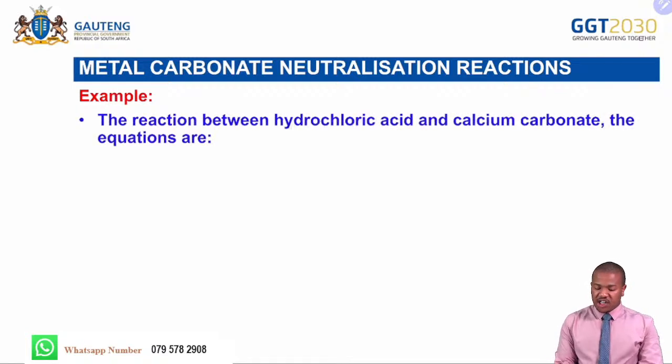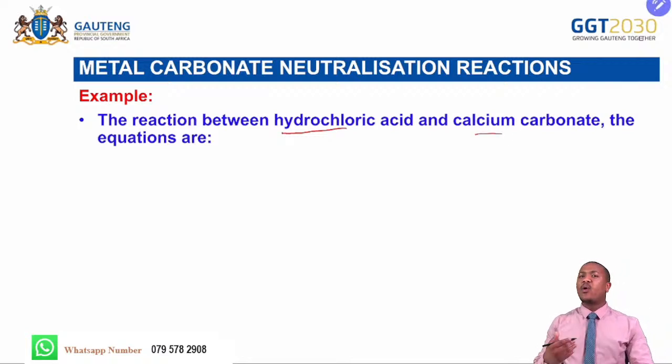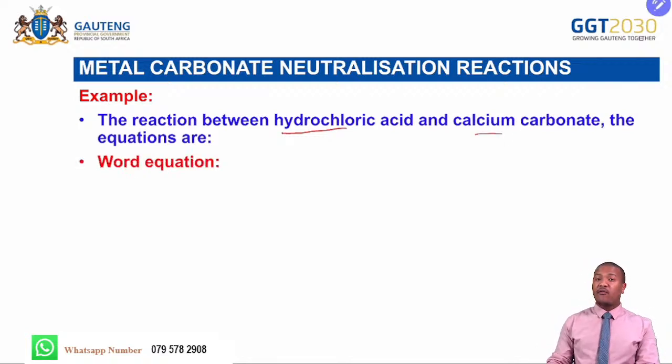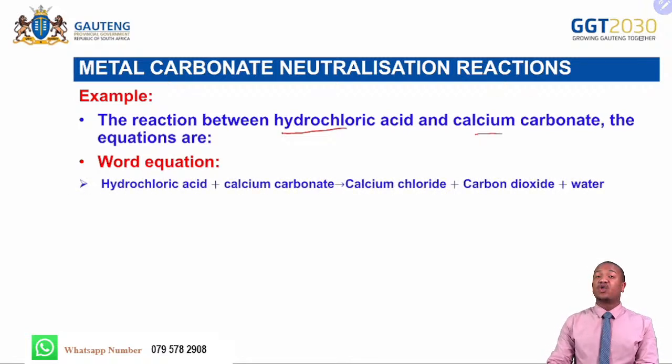Let's look at the reaction between hydrochloric acid and calcium carbonate. Starting off with the word equation, it is hydrochloric acid plus calcium carbonate forming calcium chloride plus carbon dioxide plus water.